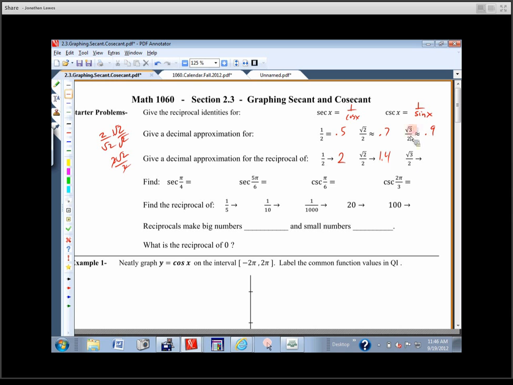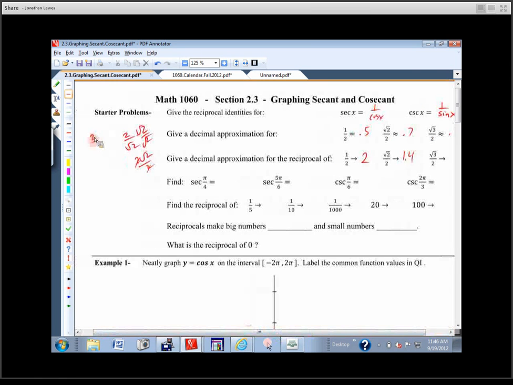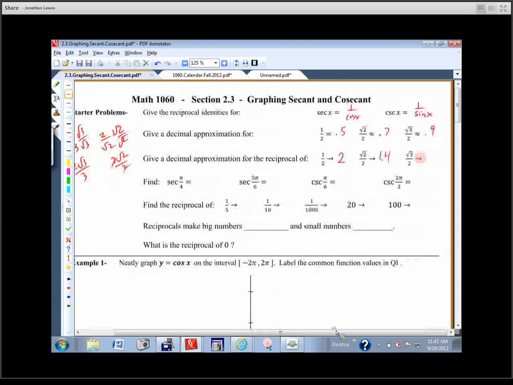If I did the same thing with this one, that's going to be 2 over radical 3. So if I rationalize the denominator, I end up with 2 radical 3 over 3. Throw that into your calculator. What do you get for the reciprocal of radical 3 over 2? What is it? 3.2? 1.2. Okay, 1.2. All right.